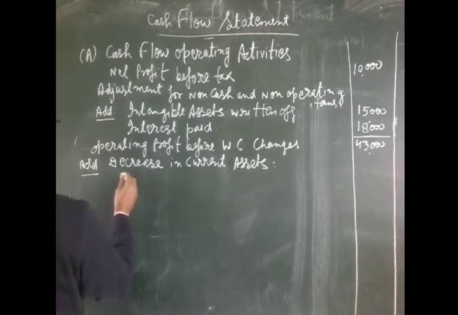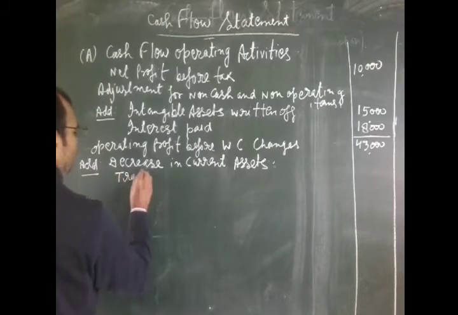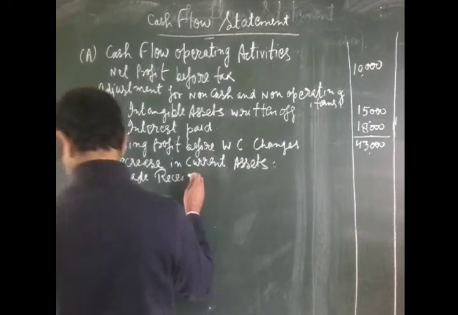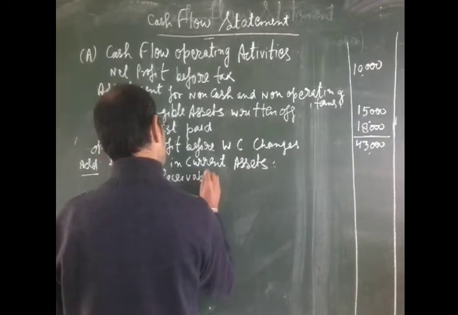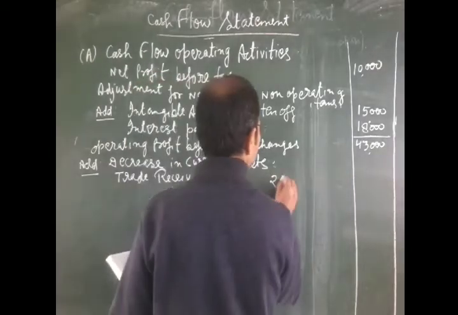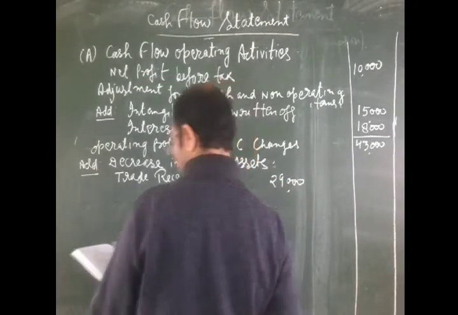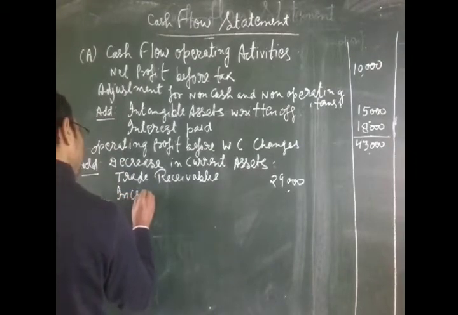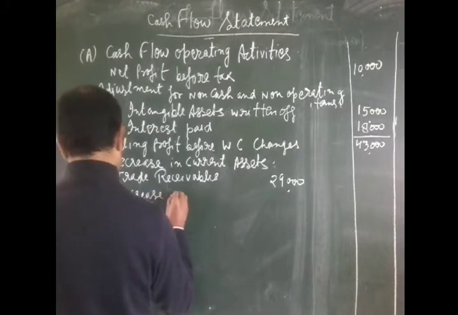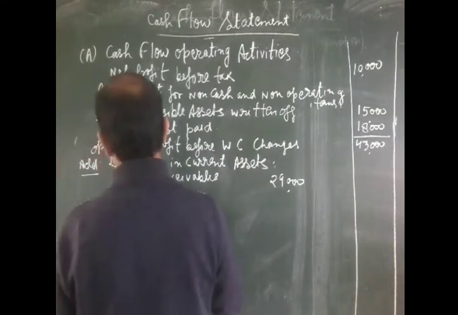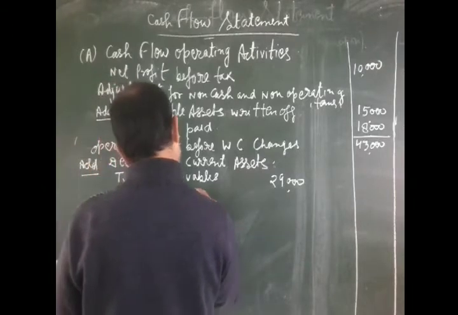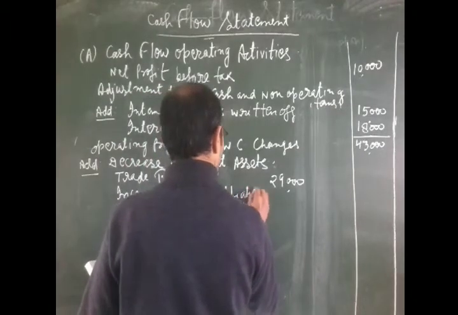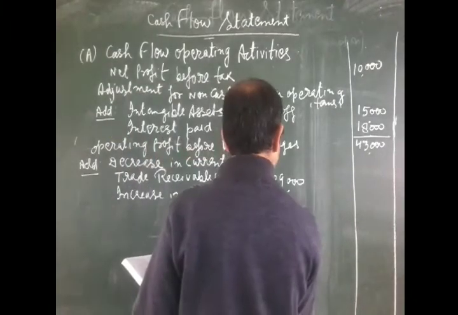Trade receivables are there, and they are increasing by 29,000, and we will also write here increase in current liabilities, and the amount will come 30,000.